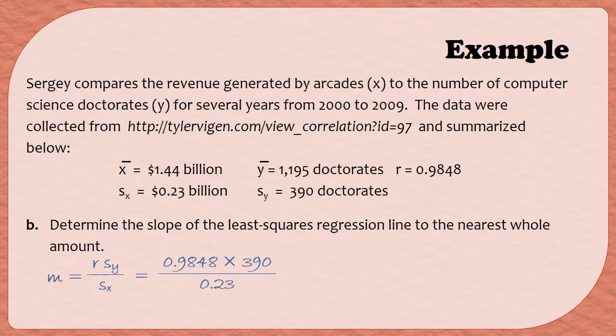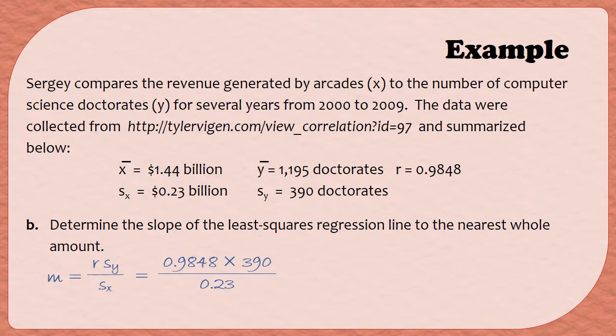When I do this, I'm bearing a few things in mind. For example, for my summary values for X, I notice that the label is in terms of billions of dollars. If I really wanted to, I could write that out with all of those zeros, but that's going to be a problem that will plague me throughout this entire process, because if I add in all of those zeros after 23 to write out 0.23 billion, I'm going to end up with a teeny tiny number that will probably round to 0.